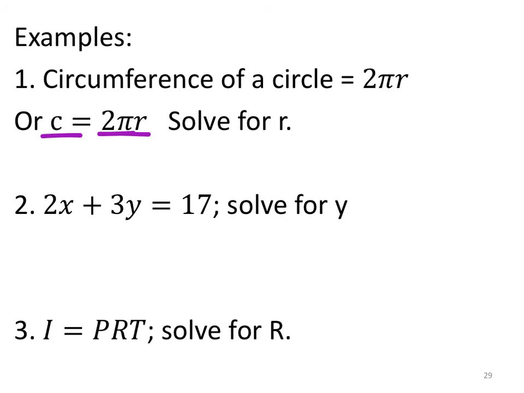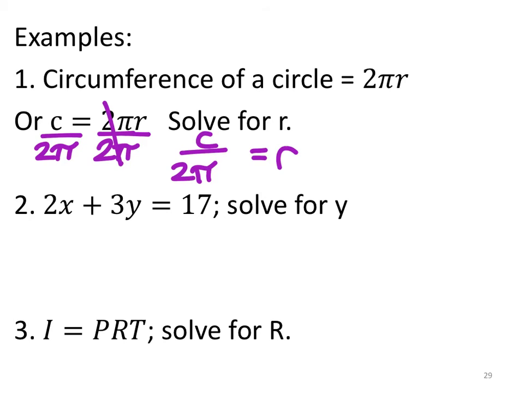So how do I get rid of that coefficient? You just divide it by itself, which right now is 2 pi, which then makes that a phantom 1r, and that would be the circumference divided by 2 pi. So if you ever saw a question like, here's the circumference, find the radius, you could use this exact formula.